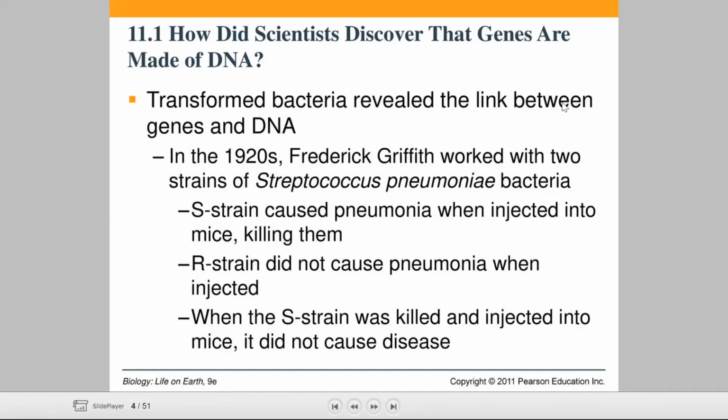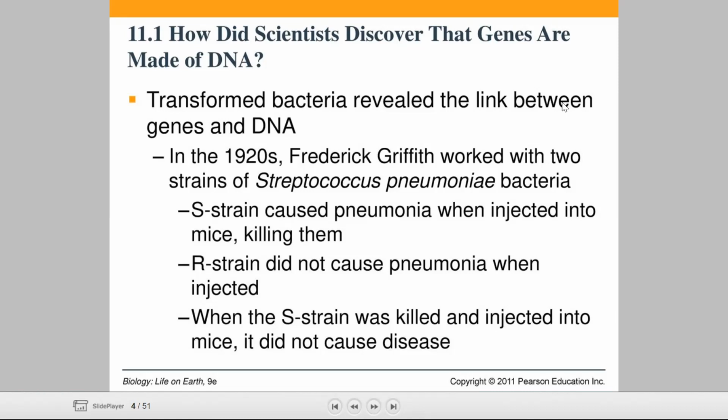But in this part, what you need to know is the main pointers of the experiment. The main idea is the big picture. We use 2 strains, the S strain and R strain. The S strain is the strain that can cause pneumonia when injected into mice.